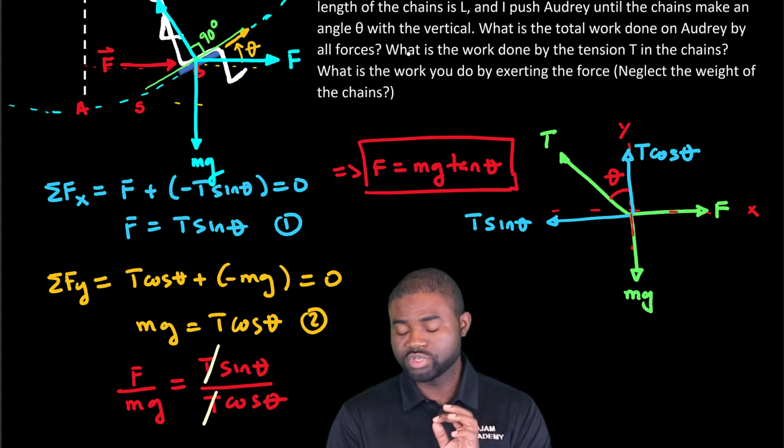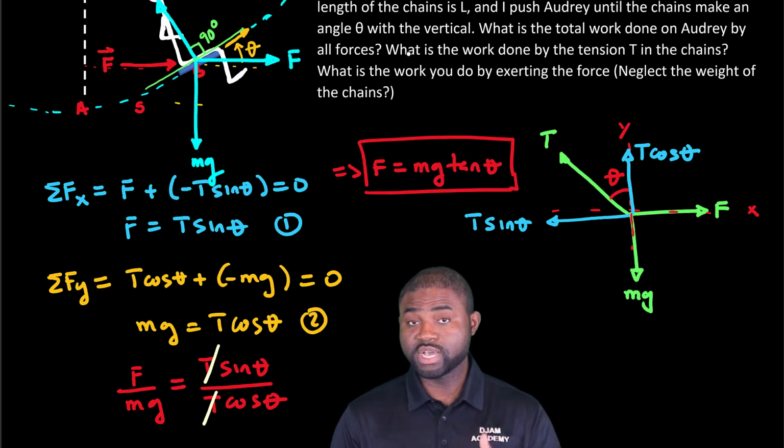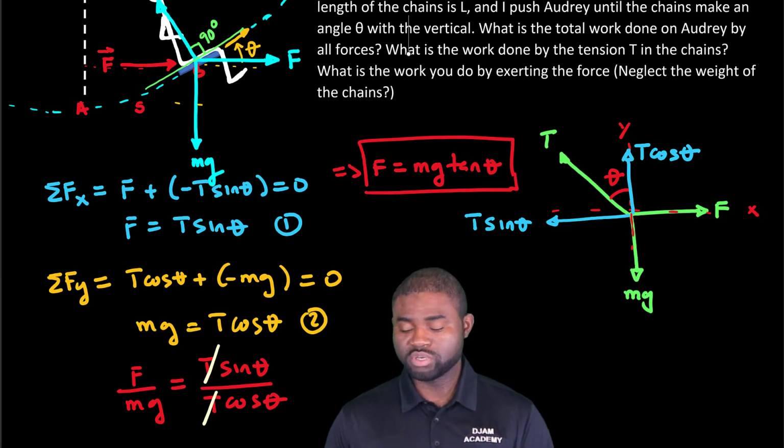So the last question really is, what is the force that I exert on my daughter? Sorry, what is the work that I do by exerting this force on my daughter?